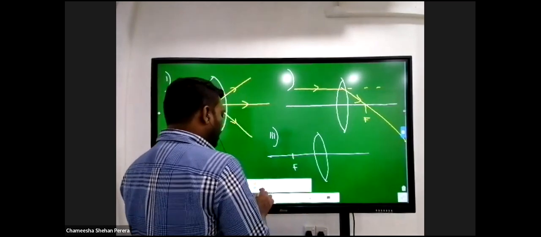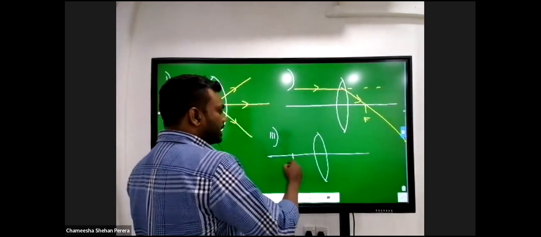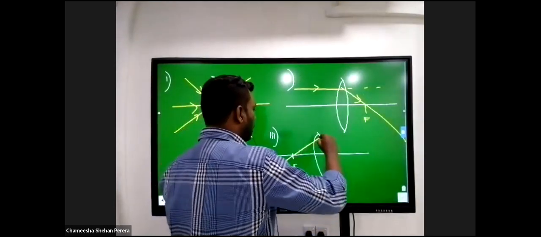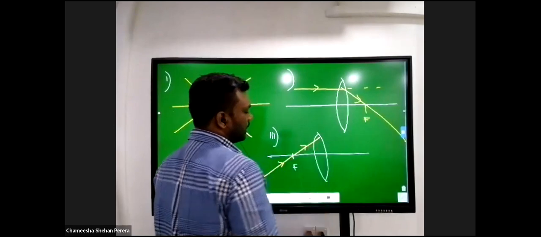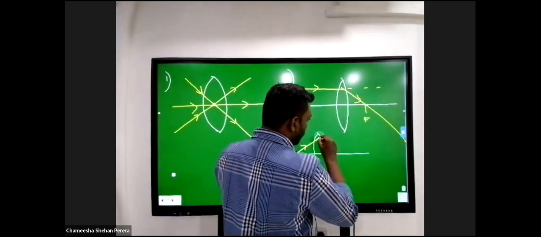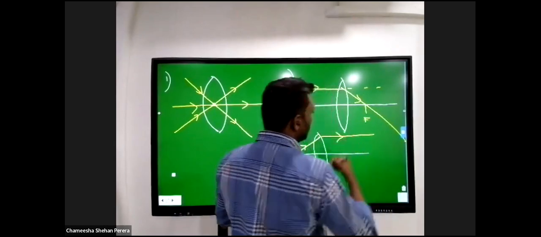If a light ray tries to reach the convex lens through the focal point, the light ray should get refracted and travel parallel to the principal axis.